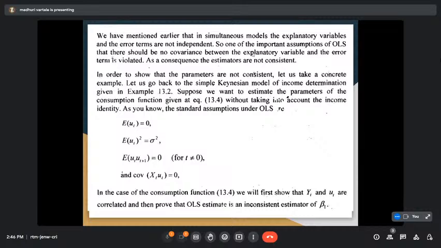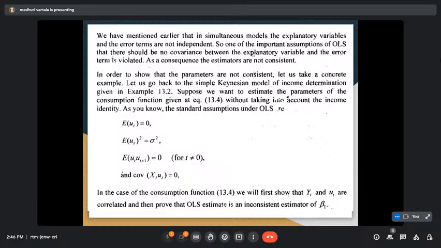So the covariance under this equation, between xt and ut, covers whatever errors can come in this. In this case of the consumption function, we will first show that yt and ut are correlated, and then prove that the OLS estimate is an inconsistent estimator of beta 1.